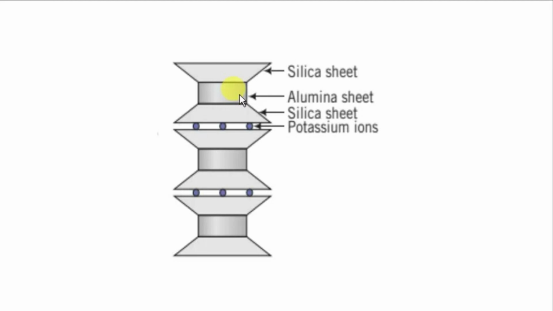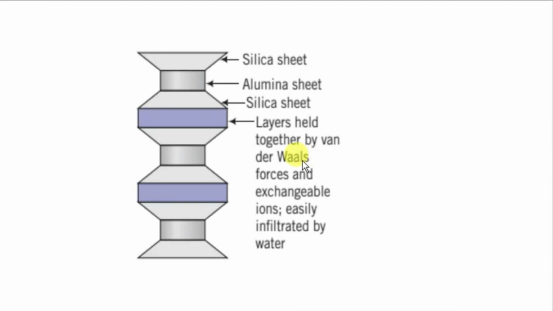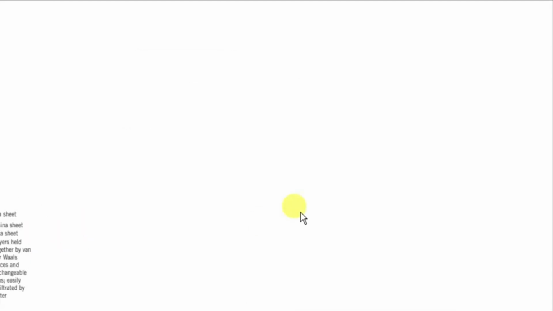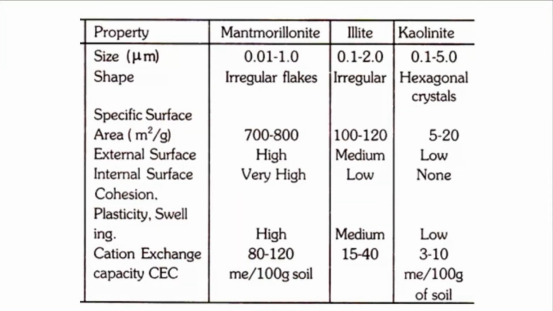The only difference is that potassium ions are the bonding ones between the sheets of illite, whereas in montmorillonite we have the water bond, or the weak van der Waals force, and exchangeable ions, and these are easily infiltrated. The next step is to have a comparative study. Just see and compare them so that you will be able to easily recollect during exams.